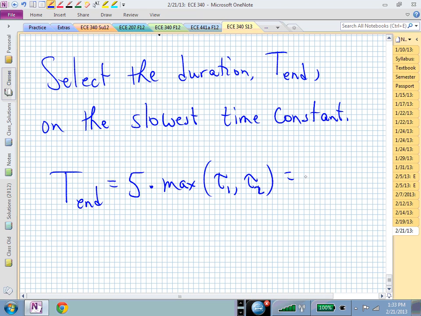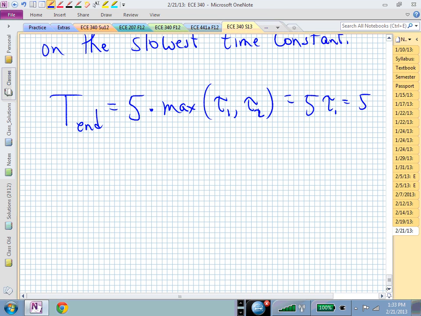We can now say that this is 5 times the tau sub 1, so we want to run this simulation for 5 seconds. And by that point, the slowest, which sometimes we call the dominant factor, will be finished dominating our total response.